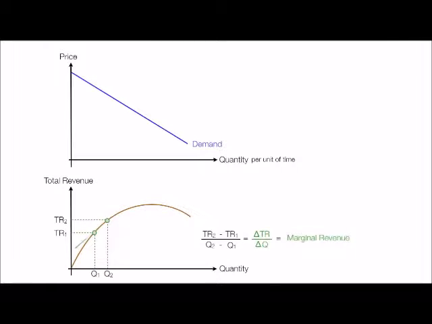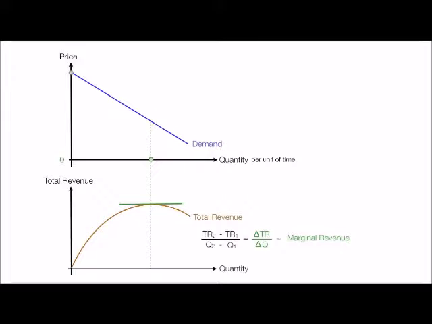It turns out that marginal revenue is just the slope of the total revenue curve, and that's that green line there. And the slope's not constant, and it changes all the way through the total revenue curve. This point's a very important point because there the slope is 0, and so is marginal revenue. It's 0 at that point.